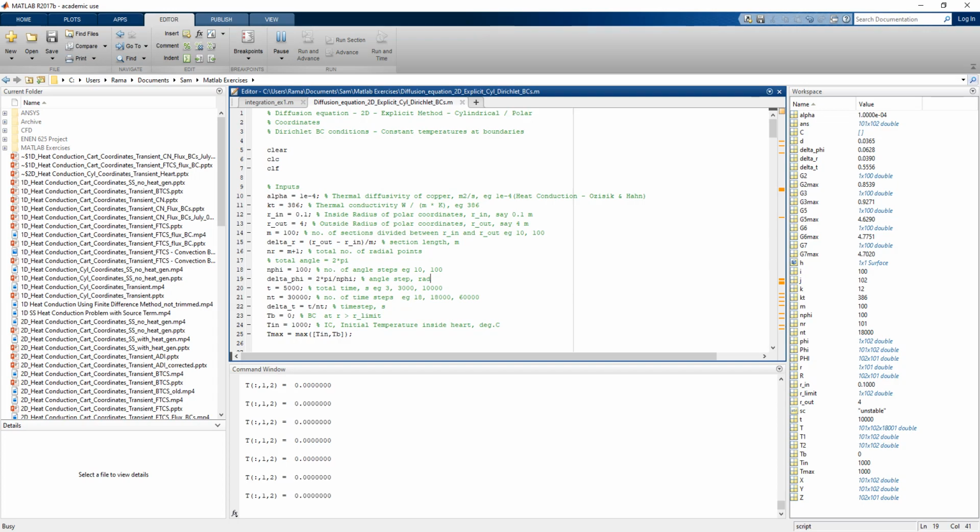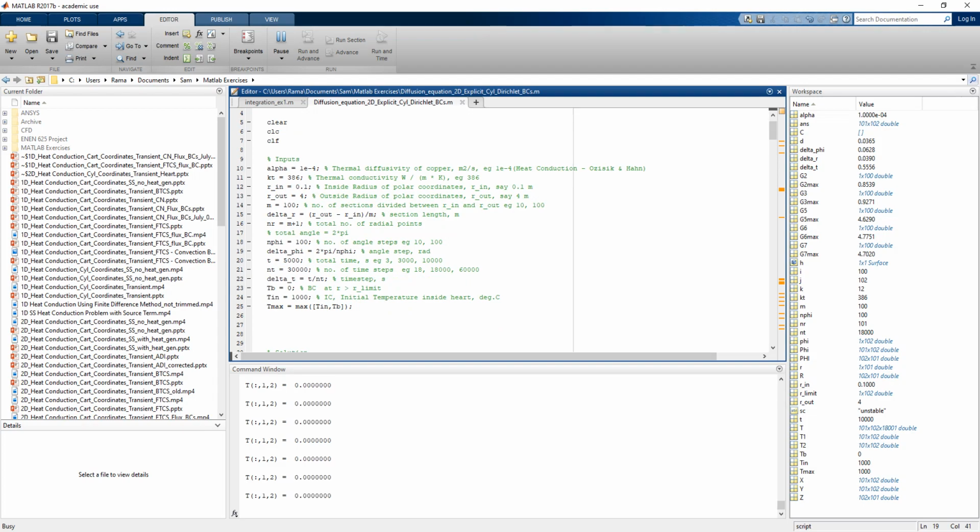Let's consider total time t as 5000 seconds and the number of time steps as 30,000. Each time step, delta t, equals t over nt. The boundary condition is given as 0 degrees Celsius, and the initial temperature inside the domain is given as 1000 degrees Celsius.